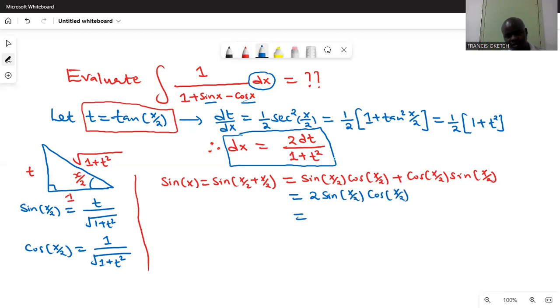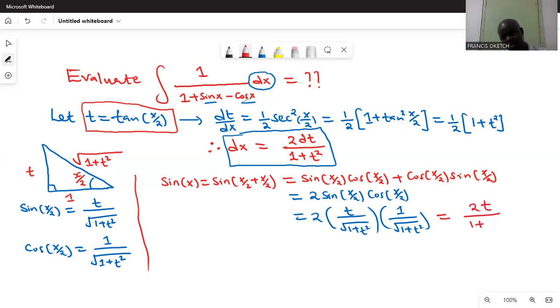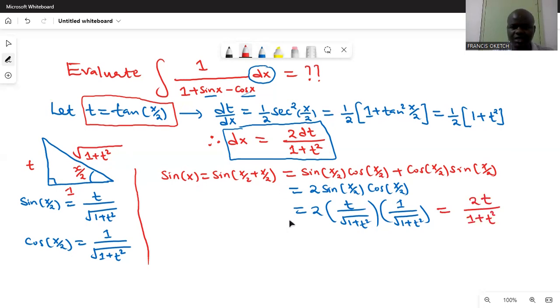And so if I replace this, 2 sine x over 2, we got t over the square root of 1 plus t squared. Cos x over 2, we got 1 over the square root of 1 plus t squared. So that our answer should be equal to 2t over 1 plus t squared if we multiply numerator and denominator. So that is sine x in terms of t.